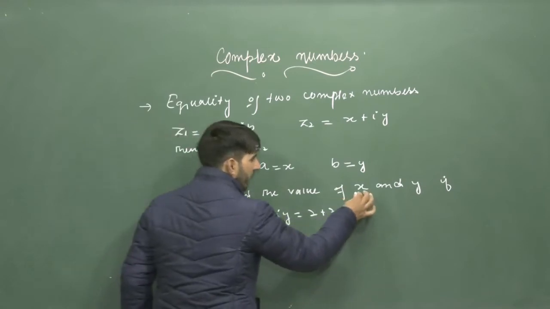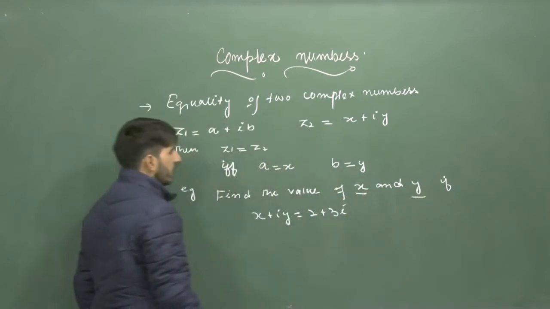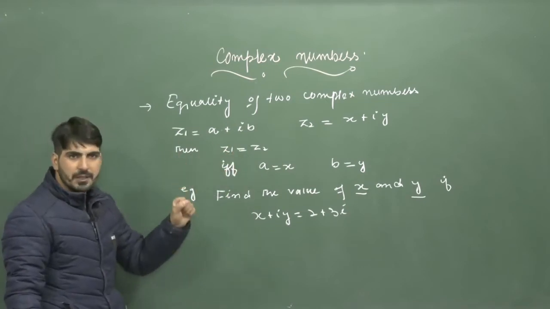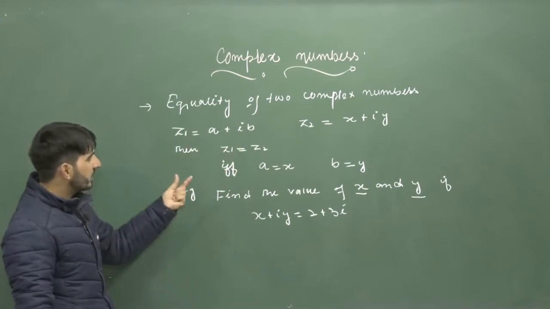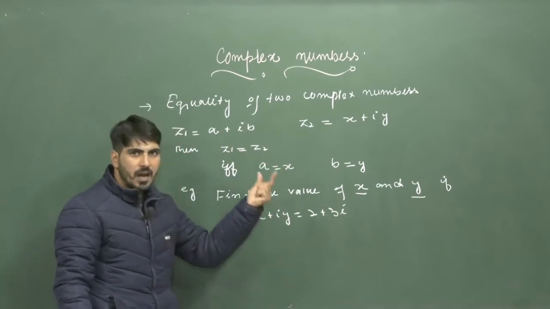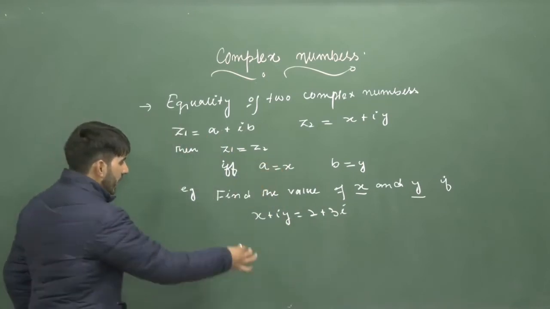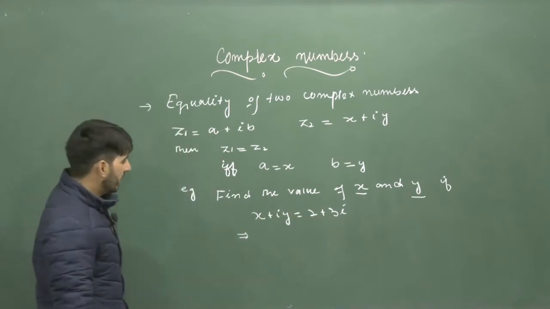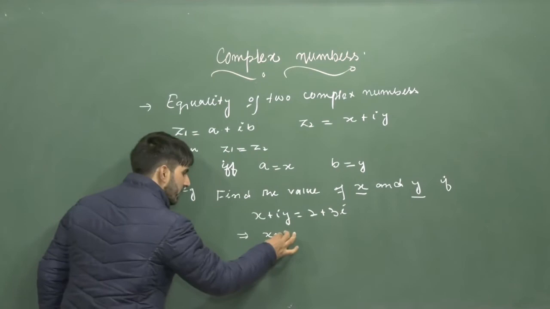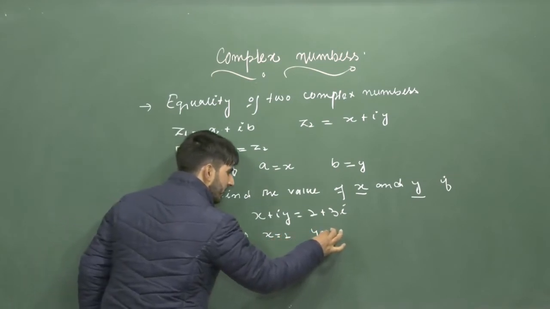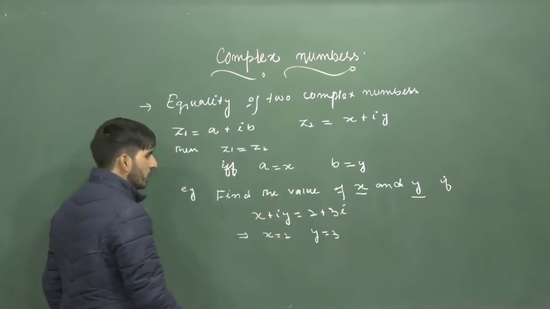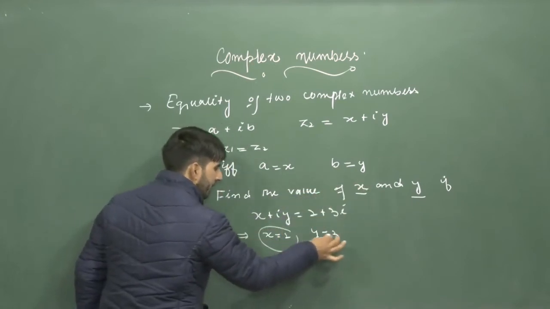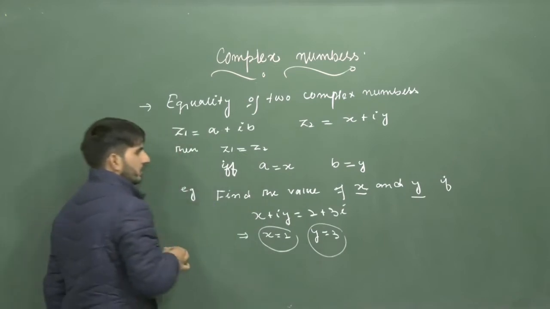We have to find the value of x and y. As per the above definition, two complex numbers are equal if their real parts and imaginary parts are respectively equal. Here we can say these two complex numbers are equal if x is equal to 2 and y is equal to 3. So here we get the value of x is equal to 2 and y is equal to 3.